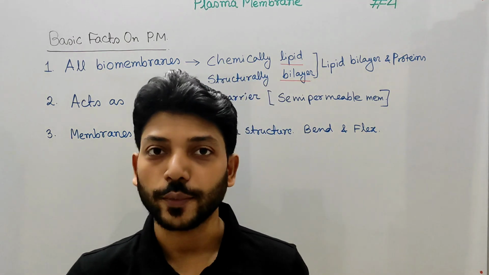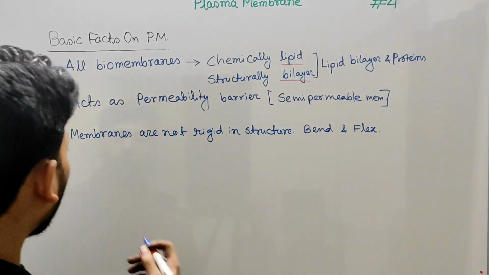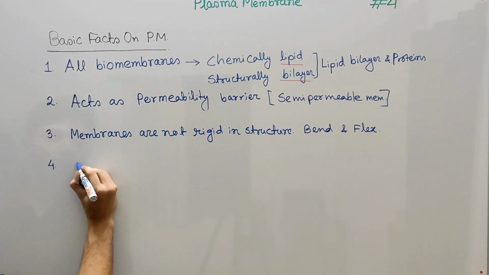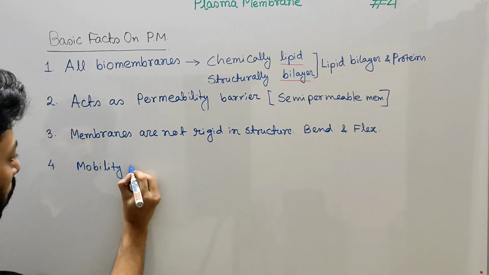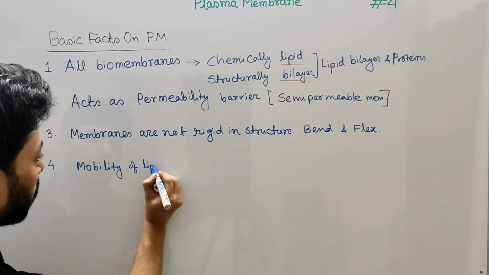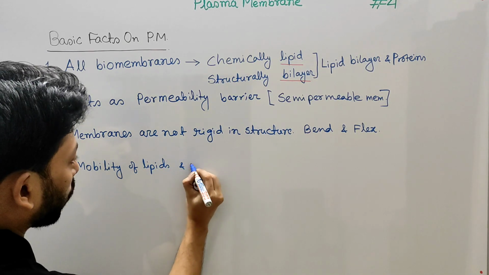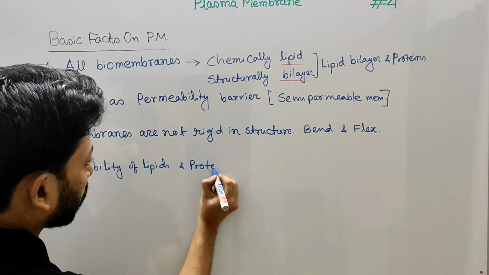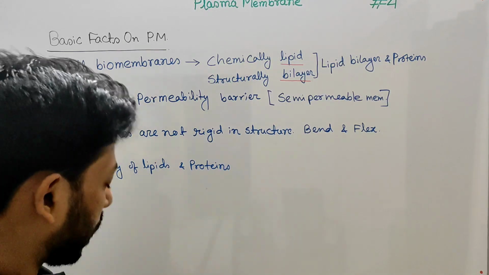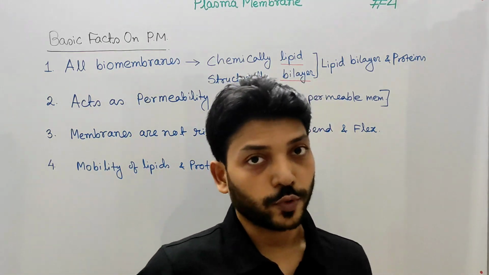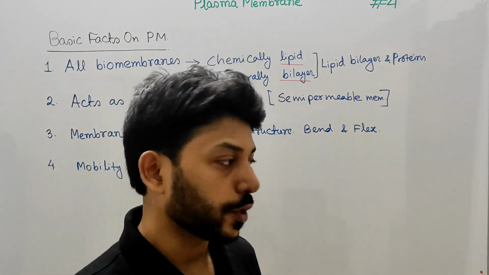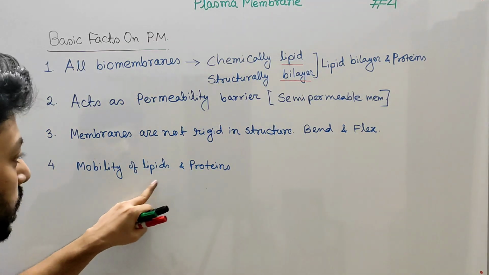Another important fact about plasma membrane is mobility of lipids and proteins in the plasma membrane. In 1970, the fluid mosaic model was proposed, and the term fluid is because of this mobility of the lipids and proteins.